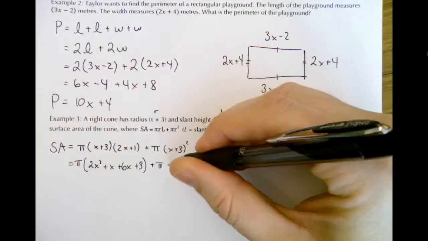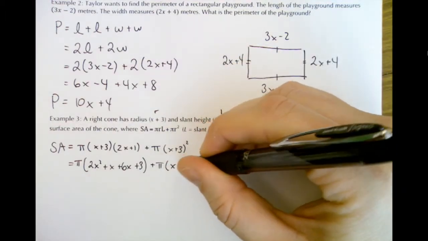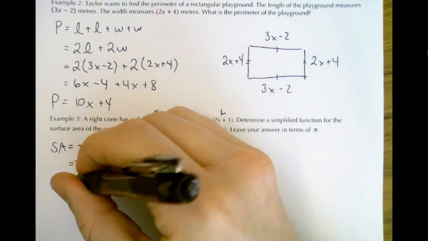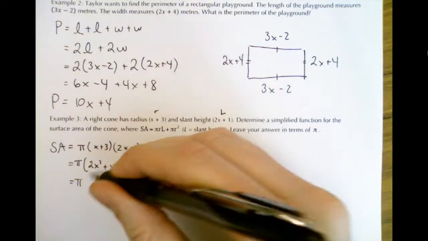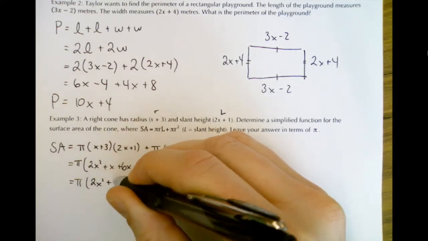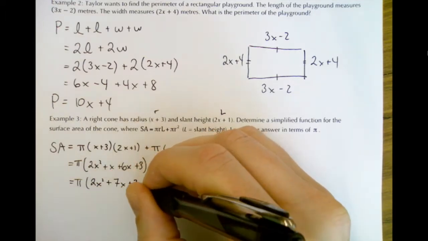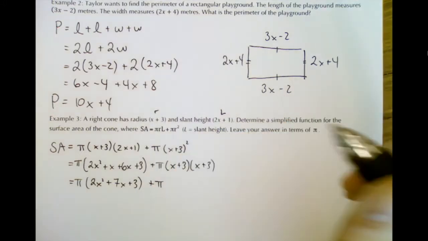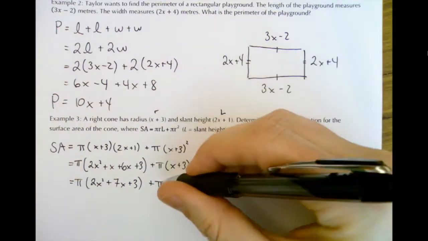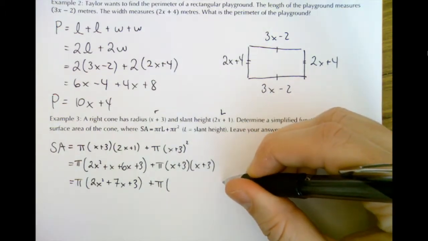Let's get this second part going here too. X plus 3 times x plus 3. All right. In our first bracket, we're going to collect like terms: 2x squared plus 7x plus 3. And in our second bracket, I'm going to get us to the same point as in this bracket. So I'm going to FOIL, but I'm going to strategically FOIL and add my like terms together.